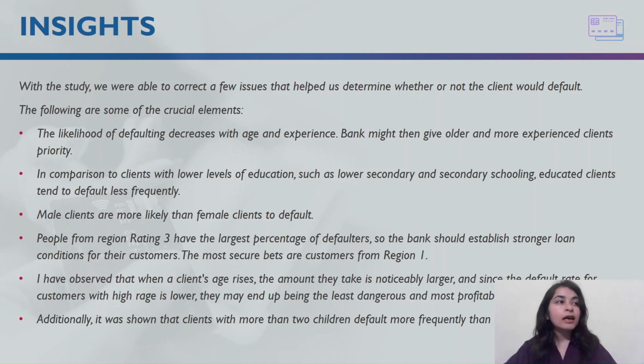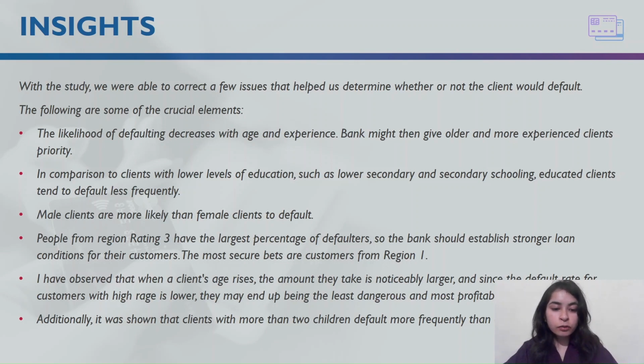It's good that with the age the defaulting rate was decreasing, so it is a very good client base for the bank if they can cater to it, because the demand of credit is also increasing, which is a good sign.